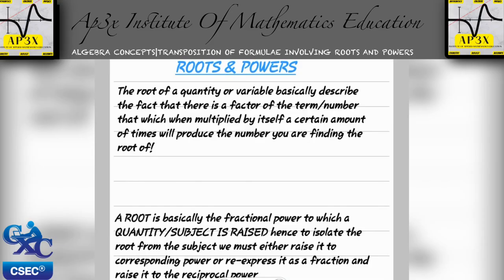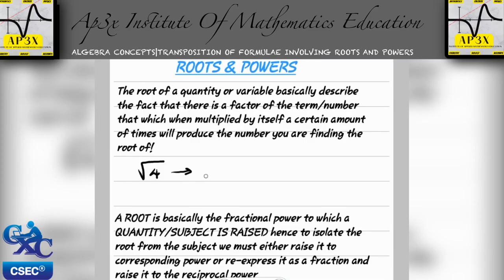Just to give you a bit of understanding of what I mean: if you were asked to find the square root of 4, this would mean that there is a factor of 4 which, when multiplied by itself, will produce the result 4.